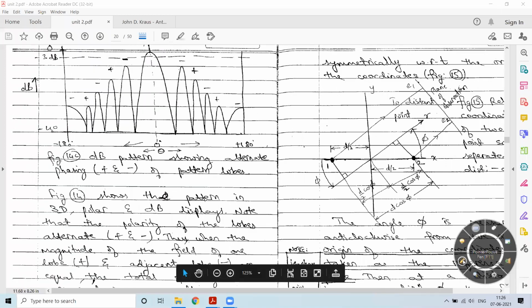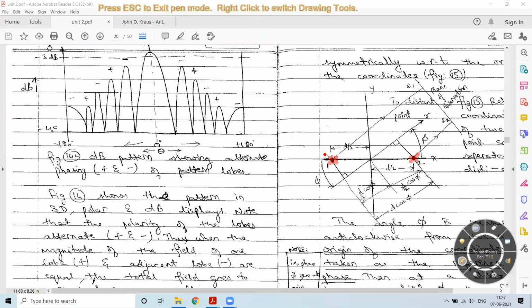The first condition is that source 1 and source 2 have the same amplitude, and both are in phase with each other. Next, the distance between source 1 and source 2 is considered to be the value d.